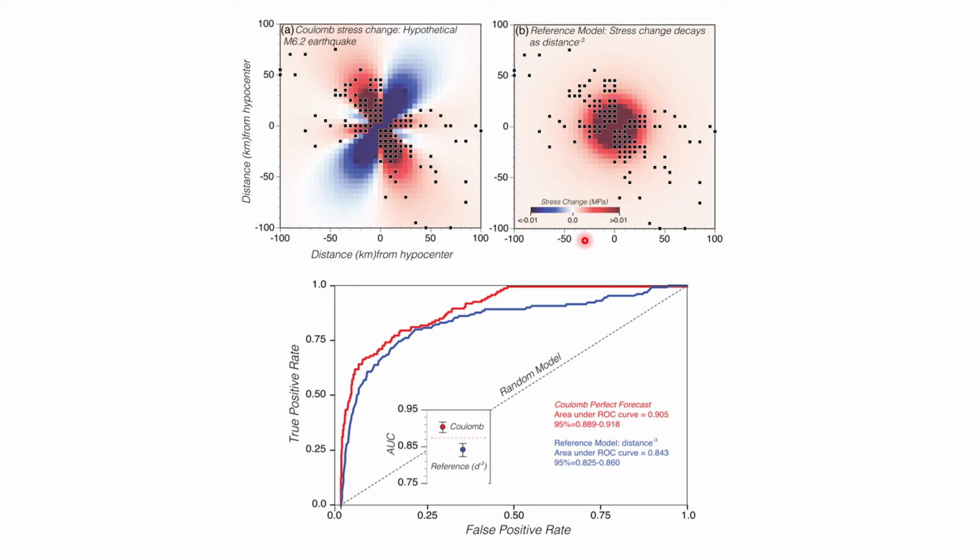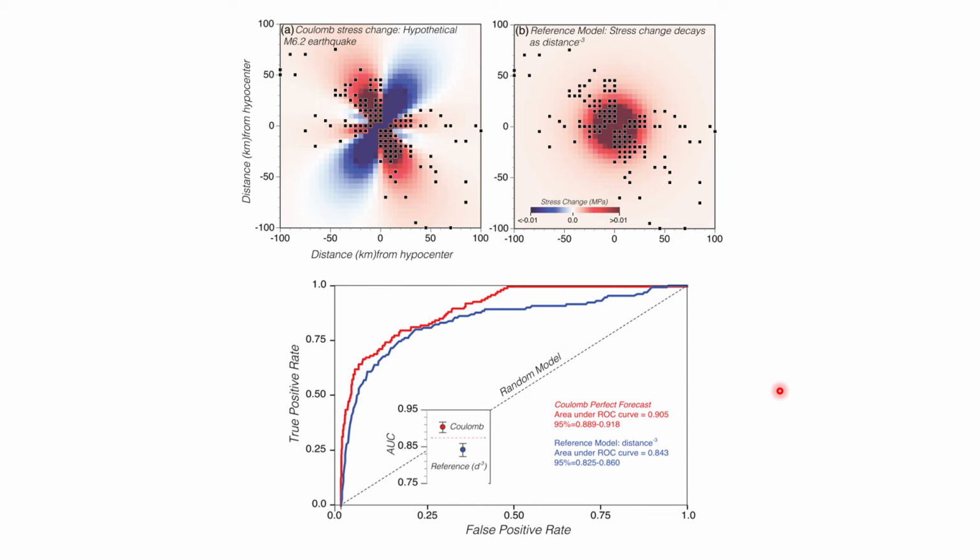Now the second one is the reference model, which is essentially informationless. It has increased stress everywhere with stress magnitude falling off as a function of distance from the mainshock hypocenter. The reference model stress change values are also proportional to d raised to the power minus 3 for consistency with the synthetic aftershock catalog. Now the ROC curves are created.